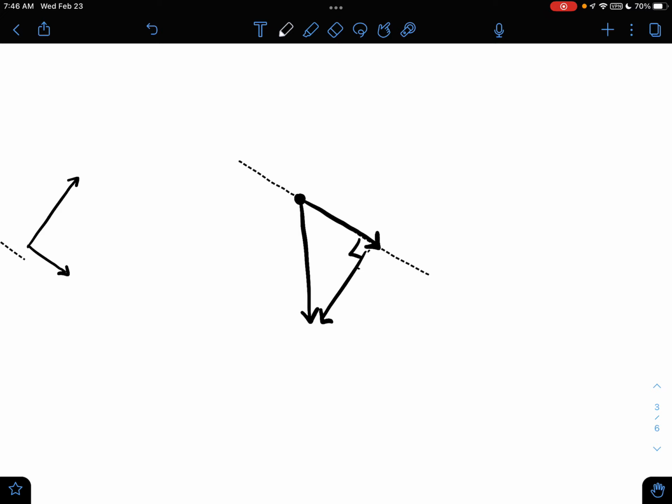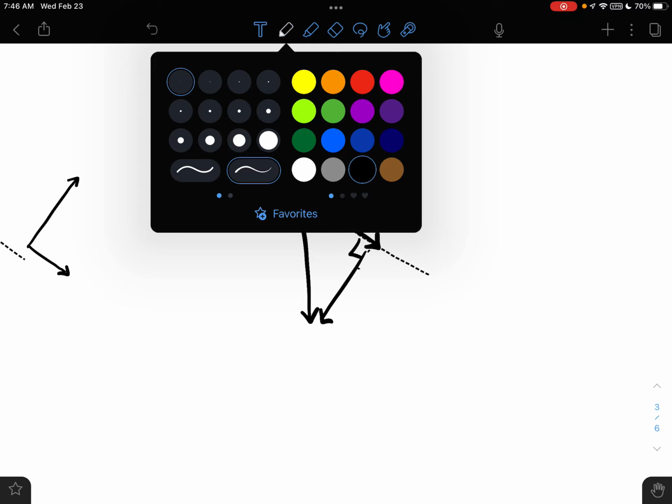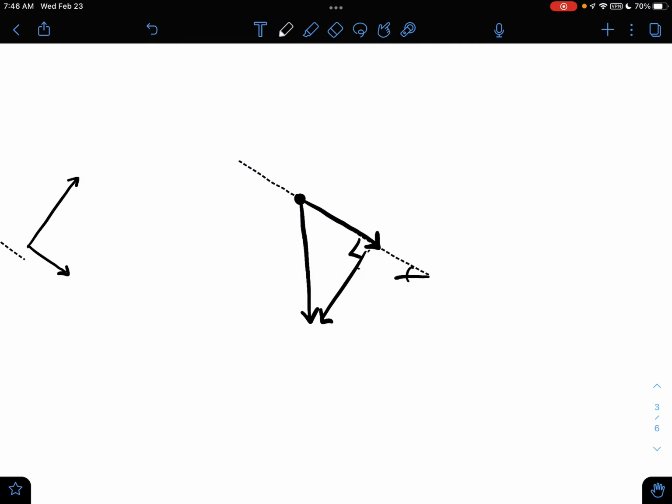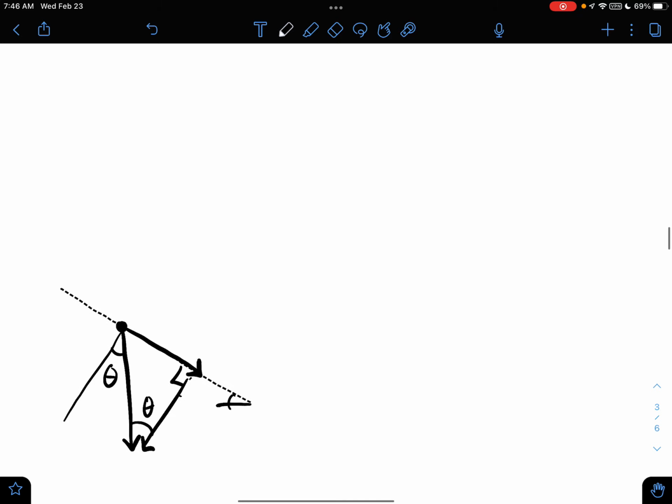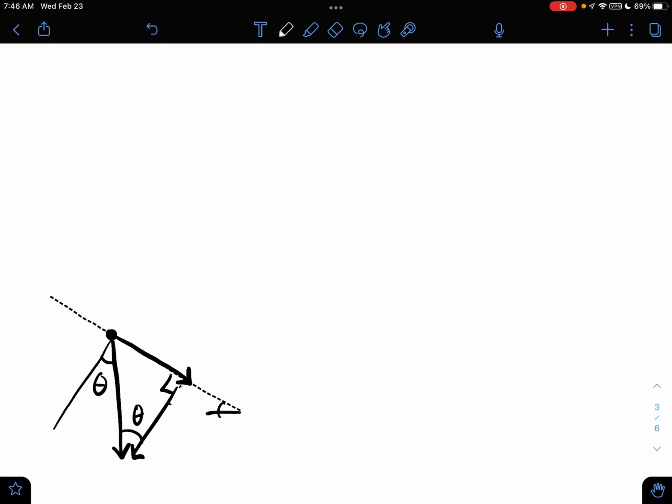Here's our right triangle, and if we do a little bit of an angle evaluation, there's our theta. We're going to move this over here. Theta is going to be here, which means theta is here. So now if I just redraw this triangle real quick without all the extra markings on it, we have gravity, this way direction, and this way direction.